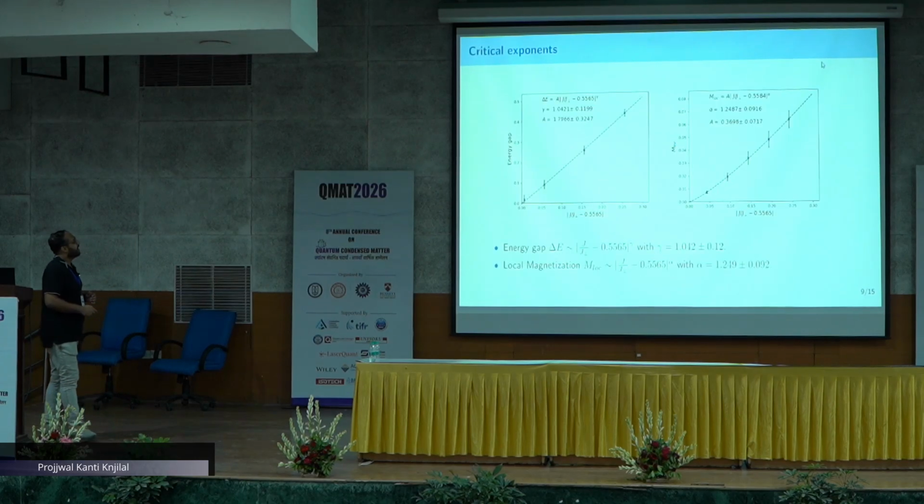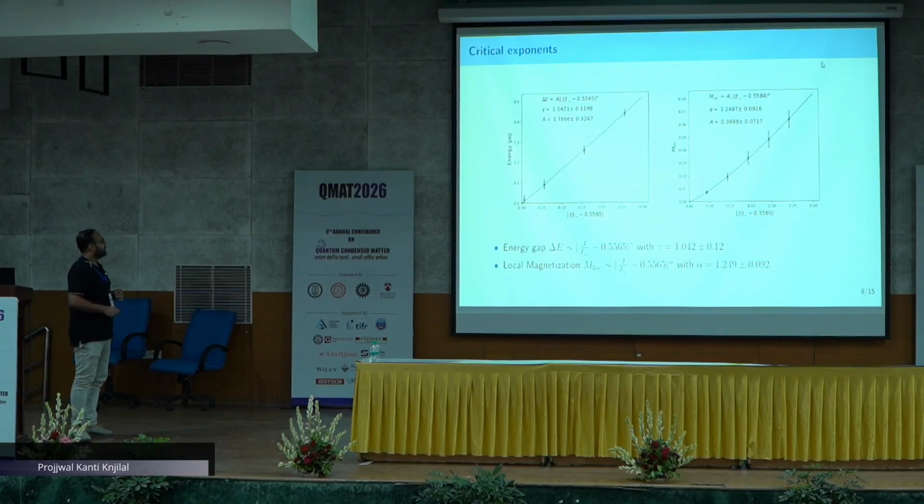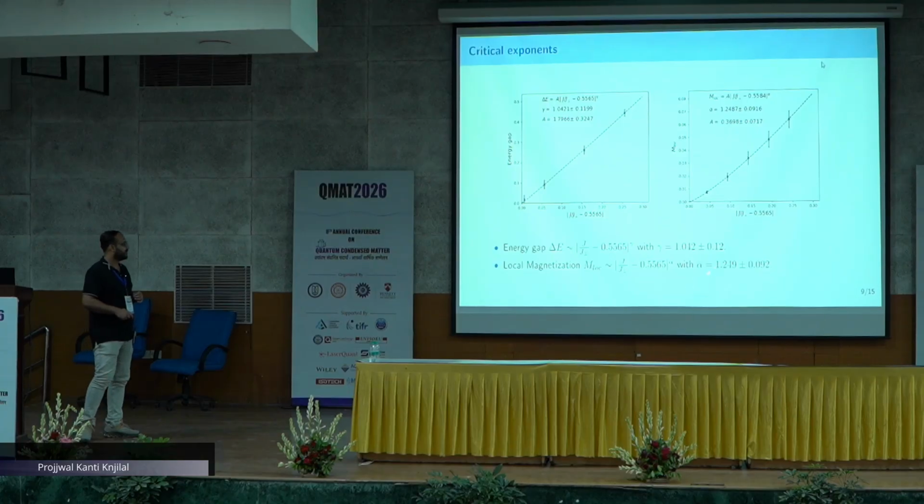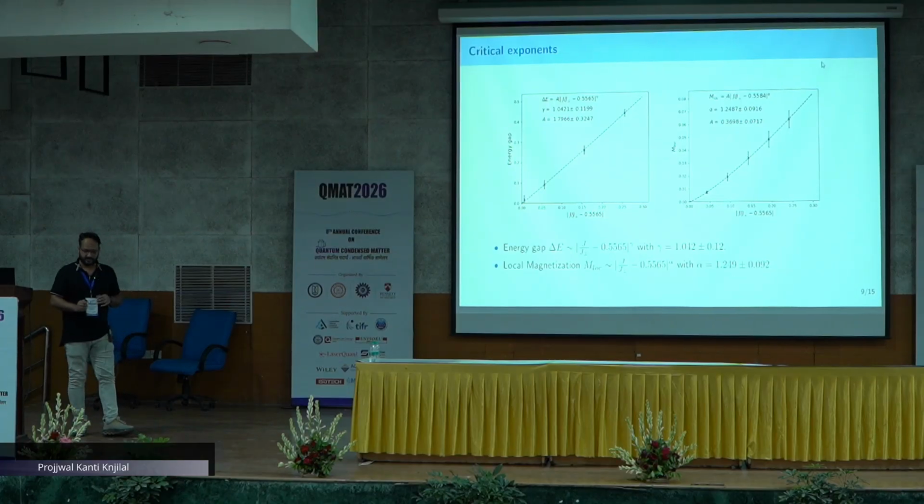Okay, we did a critical exponent scaling. The energy gap roughly has a critical exponent of 1, and the local magnetization follows a critical exponent of roughly 1.25.